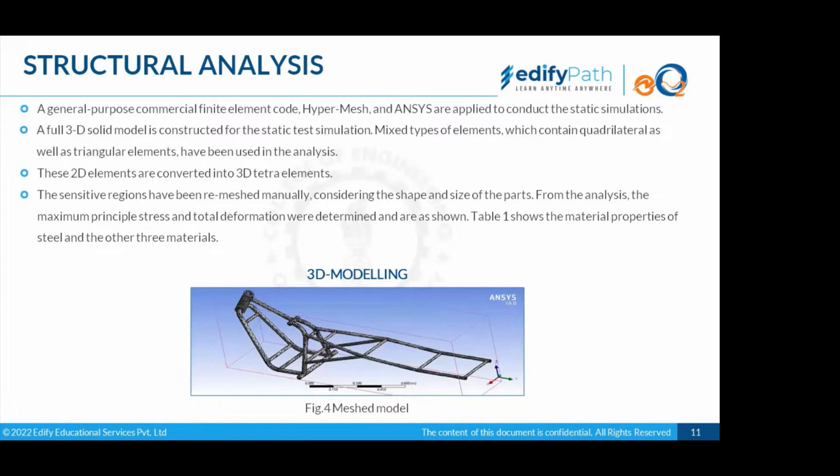From the analysis, the maximum principal stress and the total deformation were determined and are shown in Table 1. Table 1 shows the material properties of steel and the other 3 materials. So what they have been trying to establish is at what force or at what parameters there would be deformation in this chassis structure that we are seeing, where it would lose its properties or start crumbling.